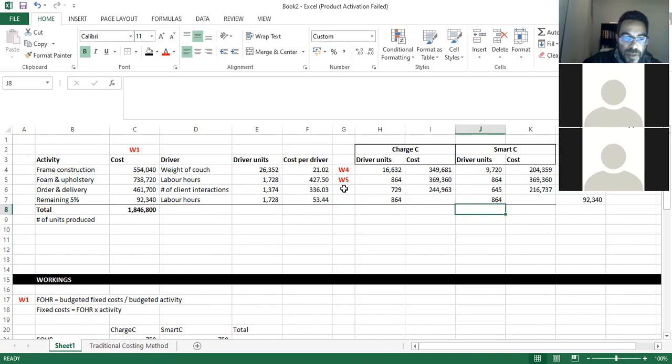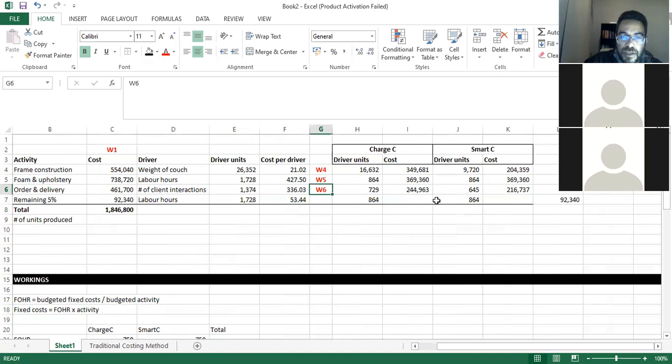So this here is working 6. So if I just drag this down, same formula.